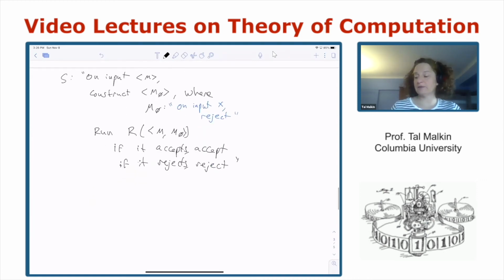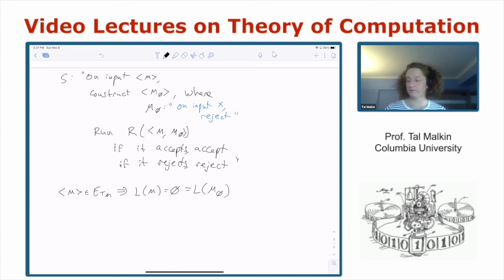And now I claim that S is a decider for ETM. So if M is in ETM, this means that L of M is the empty set, which is the same as the language of this machine here that rejects everything, which means R accepts, which means my S also accepts.